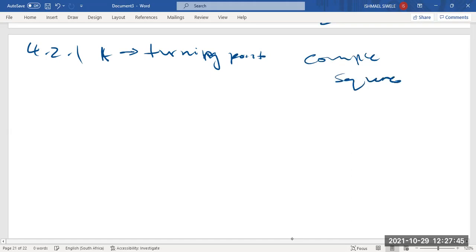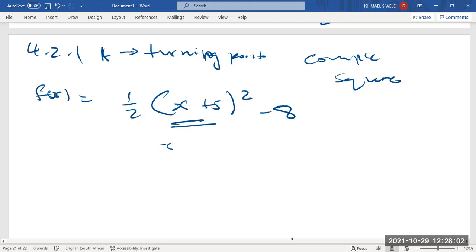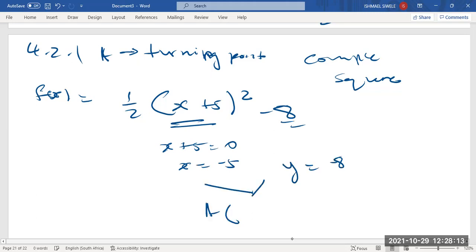So in completed square form, they give us f of x equal to (x plus 5) squared minus 8. We know that if we solve x plus 5 equal to 0, we're going to get -5. And then this one here is the y value, -8. So the coordinates of A are -5 and -8. That's how we get the turning point in the completed square form. Remember, that's what we know. Okay, so hence we didn't have to struggle to get 2 marks.